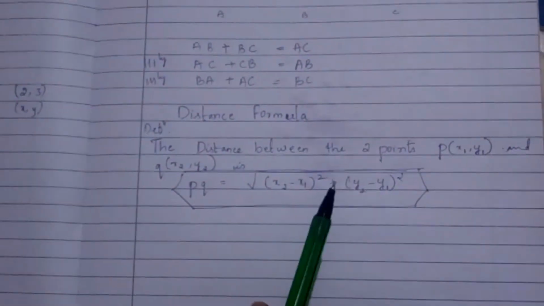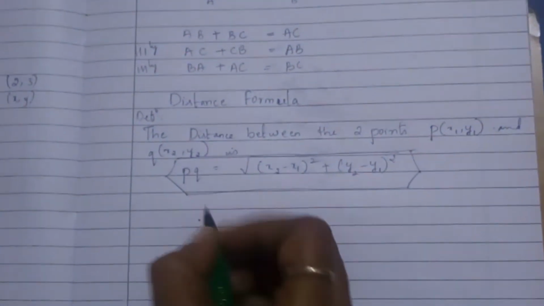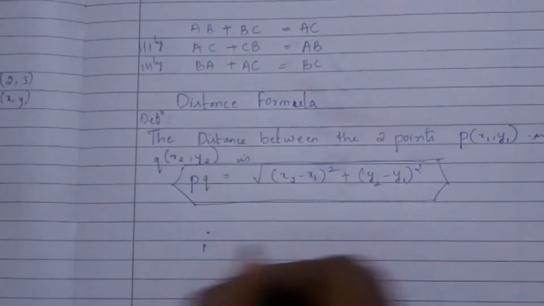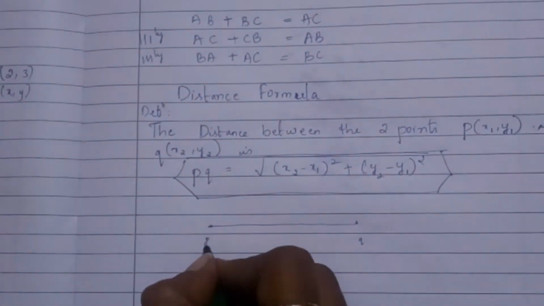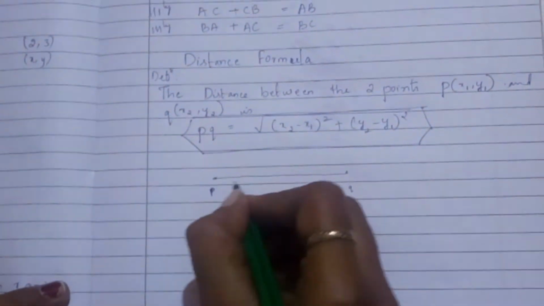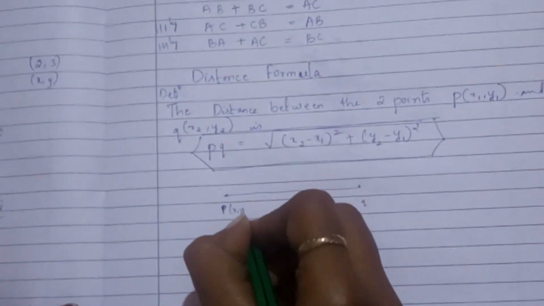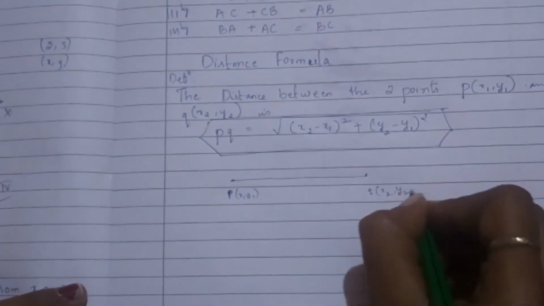The definition says that the distance between the 2 points, here is a point P and this is a point Q. We need to find the distance between the 2 points, where the point P is (x1, y1) and this is (x2, y2).